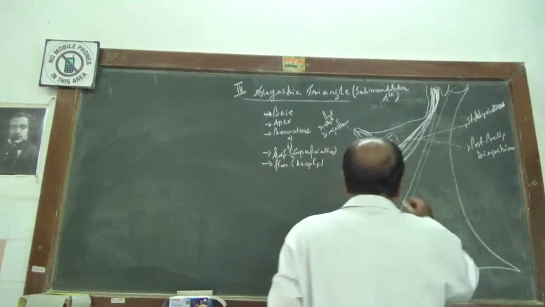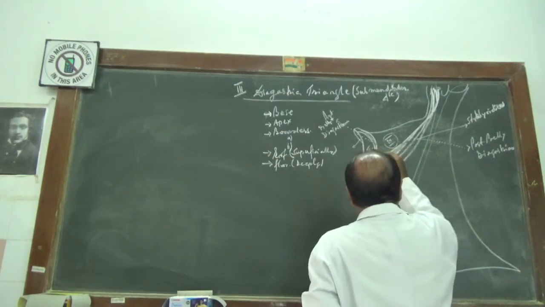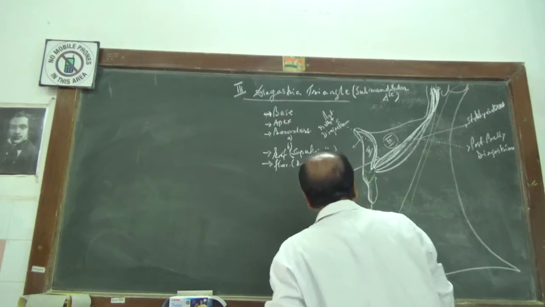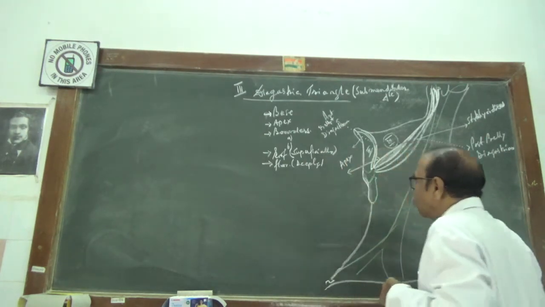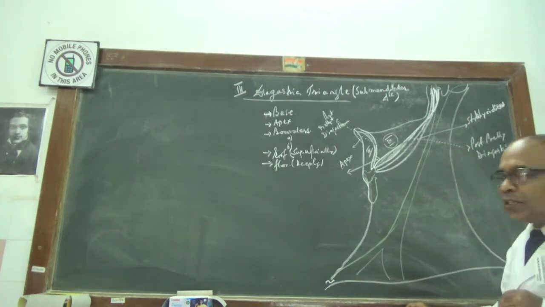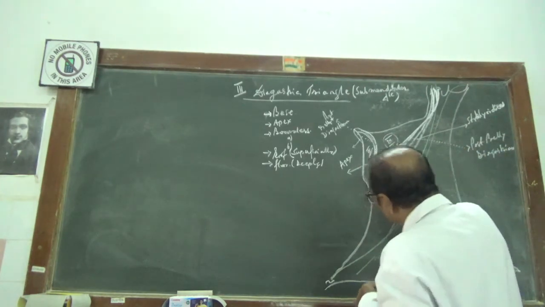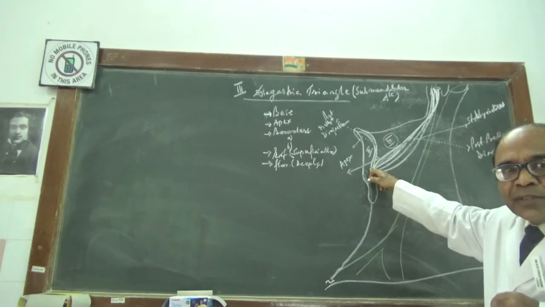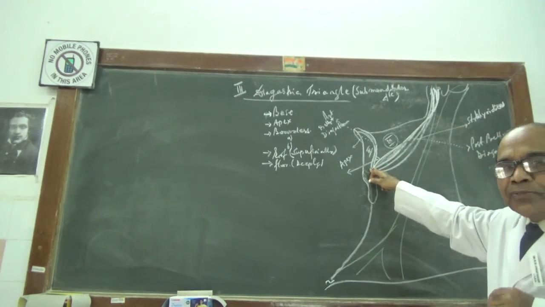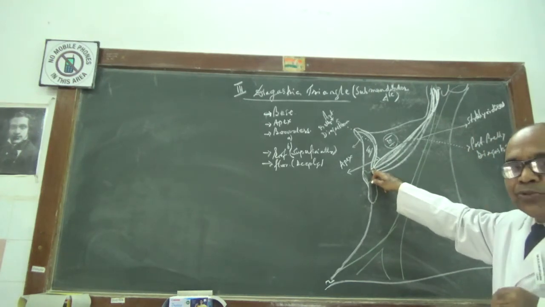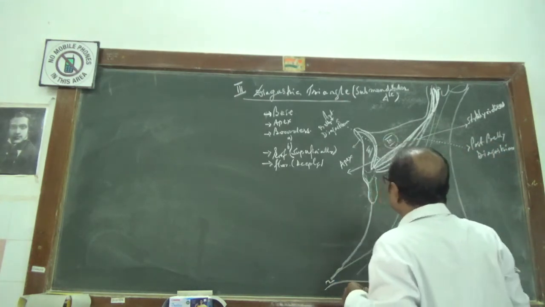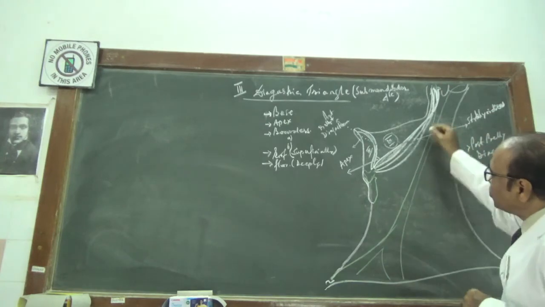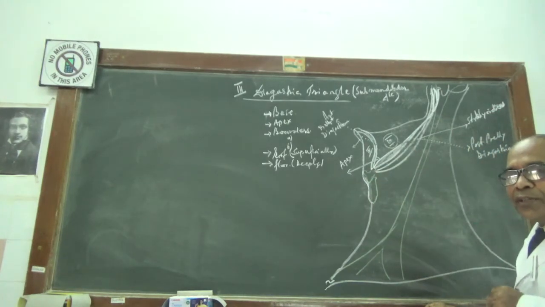Now let us go to the apex. The apex of the digastric triangle directs downwards and a bit medially, and it is at the level of the upper lateral part of the hyoid bone, where the anterior belly and the posterior belly of the digastric meet.